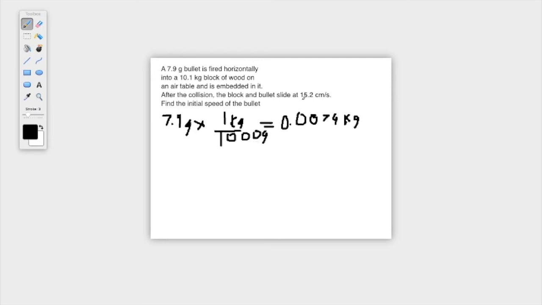And then we should convert 15.2 centimeters per second to meters per second. So there's 100 centimeters in a meter. So that should give you 0.152 meters per second.